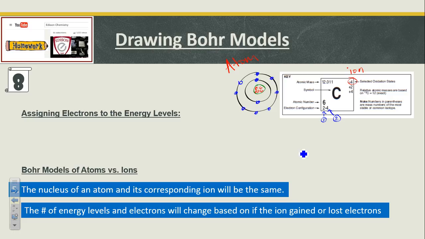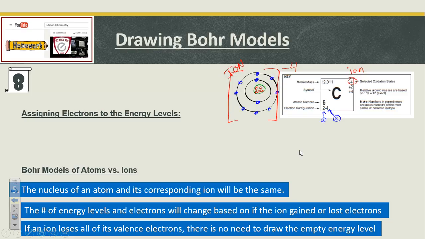Now it's no longer an atom, but an ion with an overall charge of -4, and we'd place that in the top right corner. So the nucleus doesn't change, but the valence shell of electrons grows or shrinks depending on what type of ion is formed.